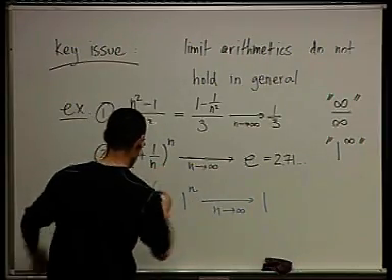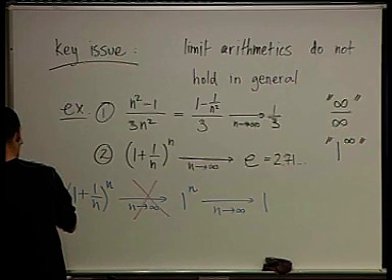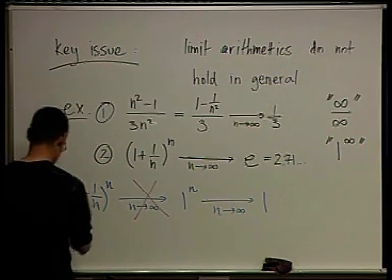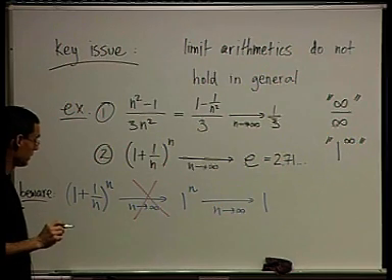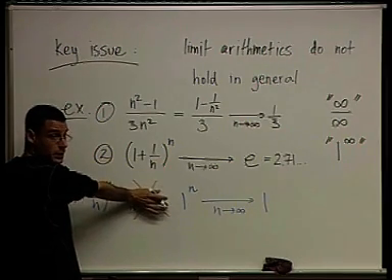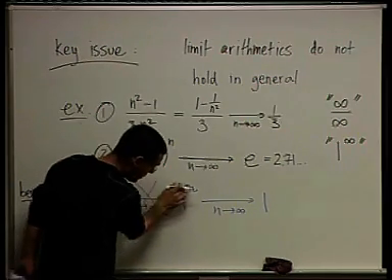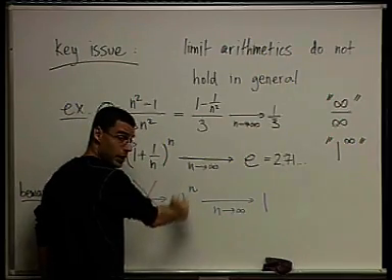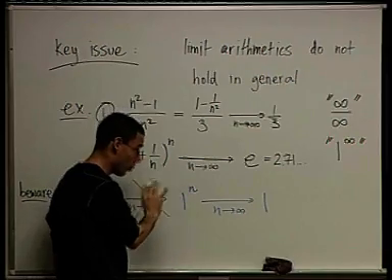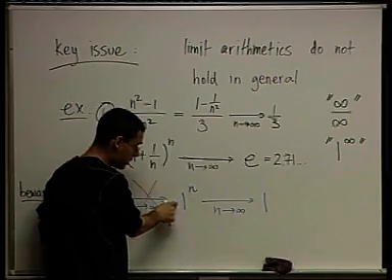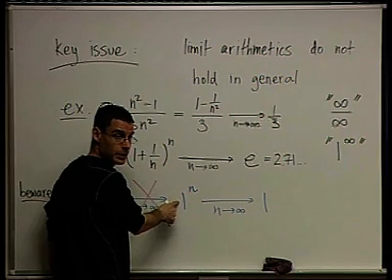So, beware. If the problem was just 1 to the power n, as n goes to infinity, it's still not wrong, right? No, 1 to the power n goes to 1, because 1 to the power n is another way of writing just ones. What is this sequence? What's its first element? 1.